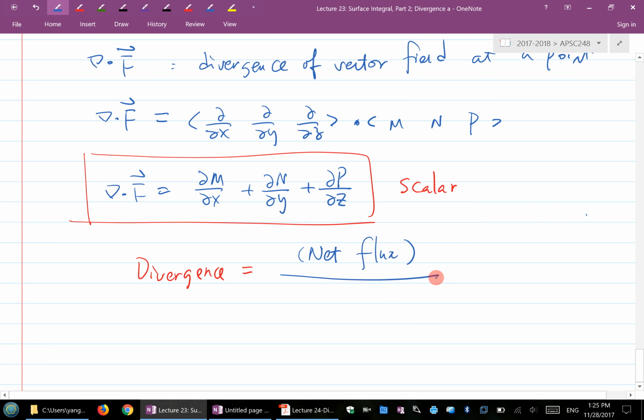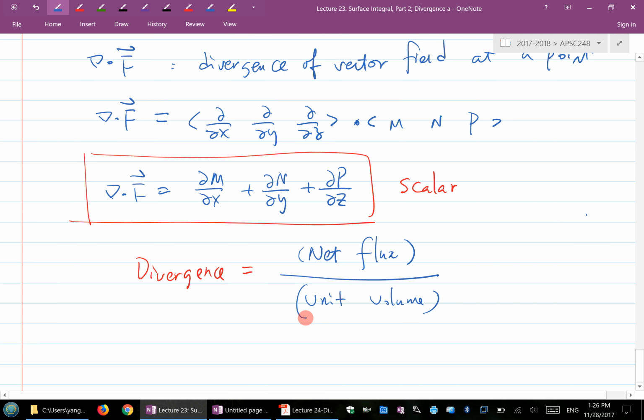That's your numerator, the net flux, and the denominator is a volume concept. So divided by, let's say, unit volume. So your divergence is basically the net flux divided by the unit volume.